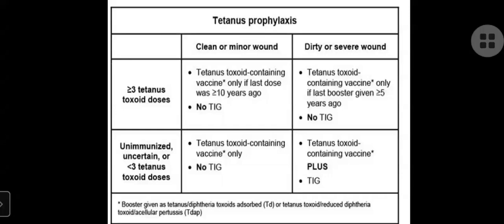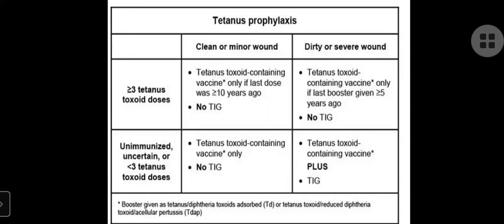Such a patient will only receive the TT. But in the same scenario, where the patient has received 3 or more tetanus toxoid dosages but the wound is dirty or severe, and has or hasn't had a booster in the last 5 years, you will still give only the TT, but no tetanus immunoglobulin.